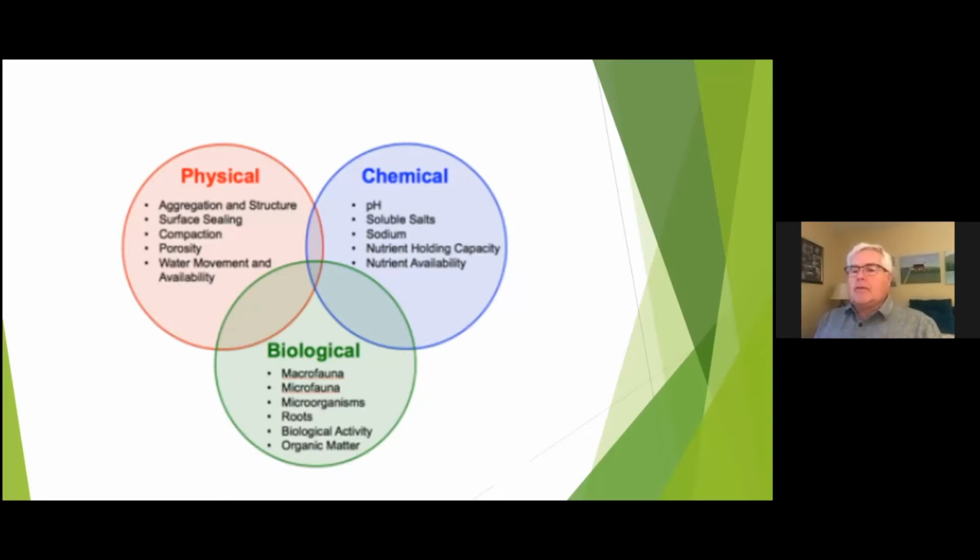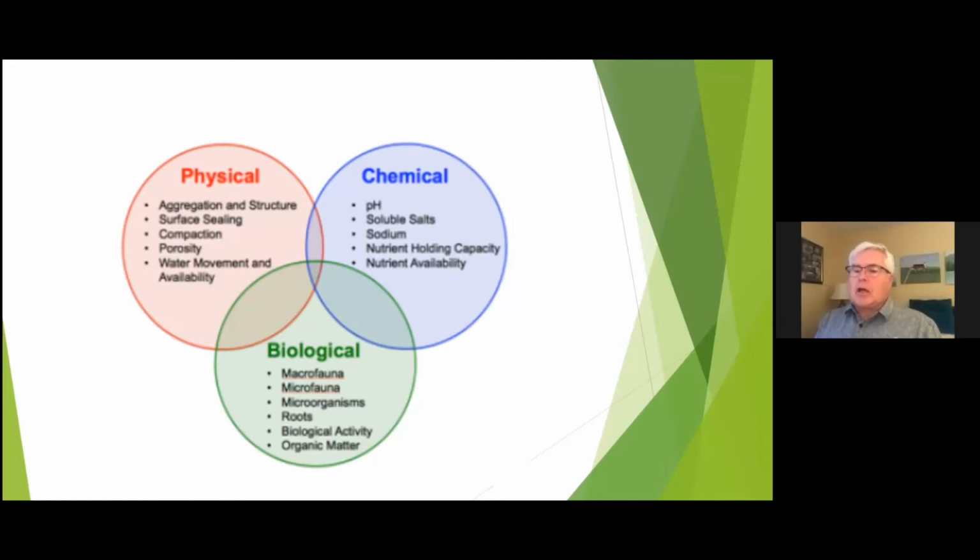But the one thing we've talked a lot about in the last number of years is the biological aspects. The small insects, bacteria, and plant materials that are growing in the soil, the fungi, the microorganisms of all types. And then, of course, the roots and the biological activity.